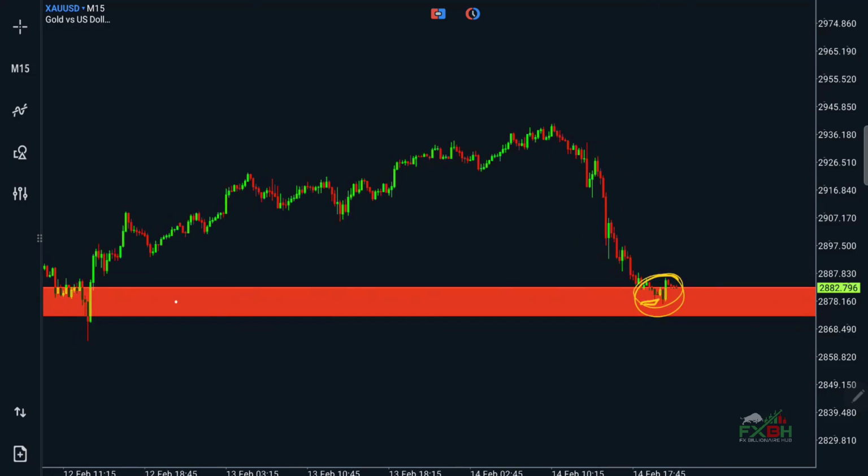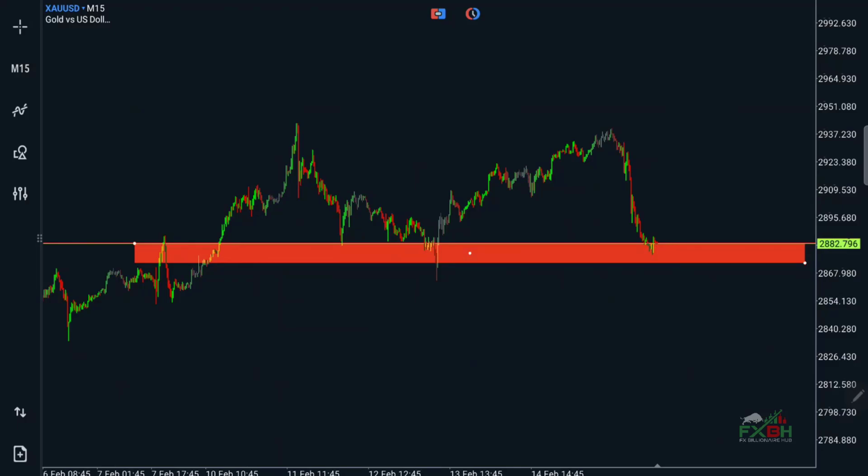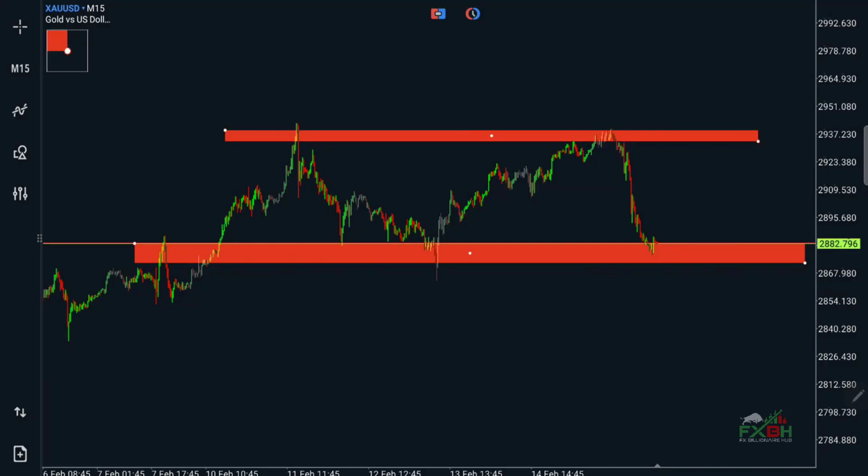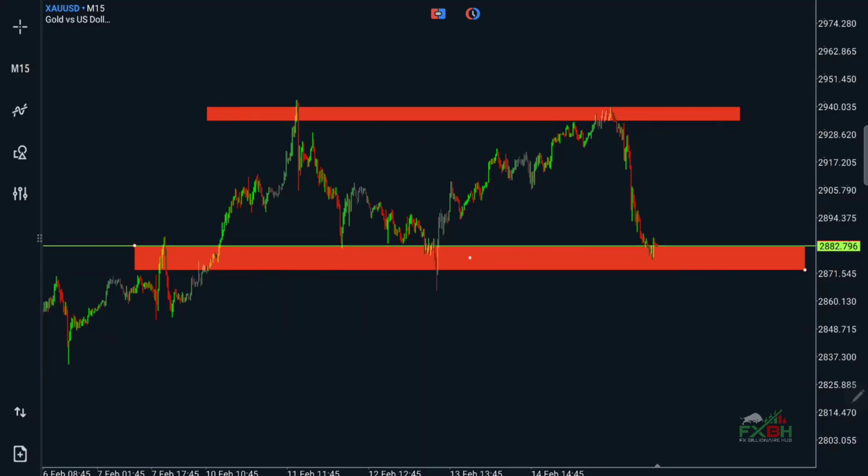So as you can see there, this is the latest support zone. And if we want to draw the latest resistance zone, for now the resistance zone is around that area, okay? So the market is moving from that area to that area, that means like that pattern, okay? This is a pure sign of support and resistance.